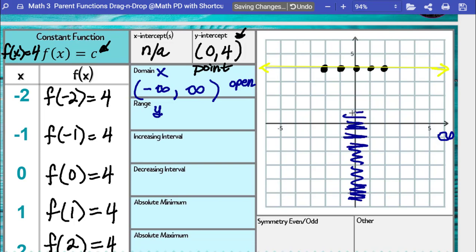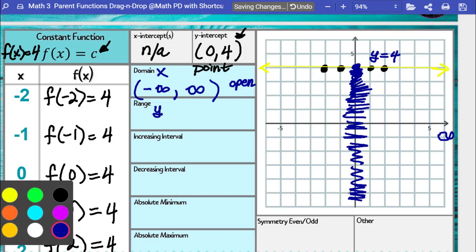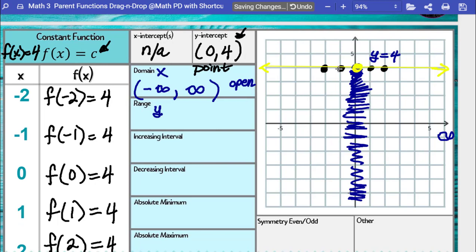These are little lines, and there's nothing there until I get to right here. There's a point at y equals 4. That makes sense because the graph is constant. After that, I have nothing. I don't have any more y values that are defined for the graph. So this range ends up being one number, and that one number is the set y equals 4. So that is the range.